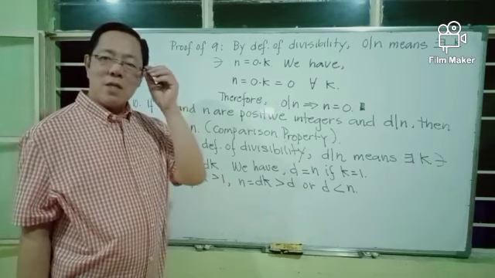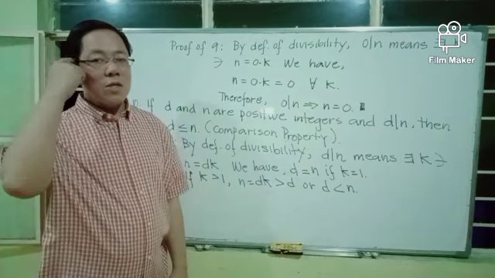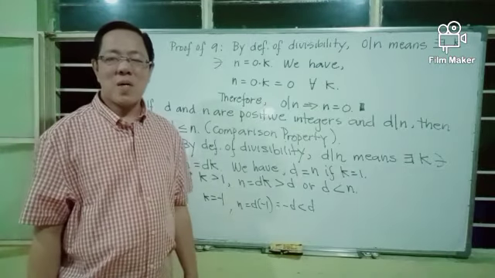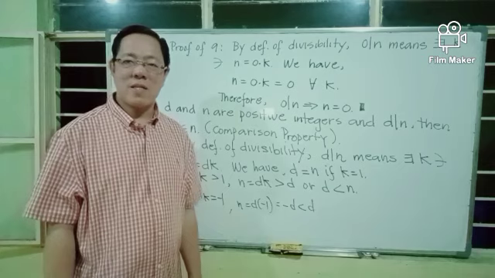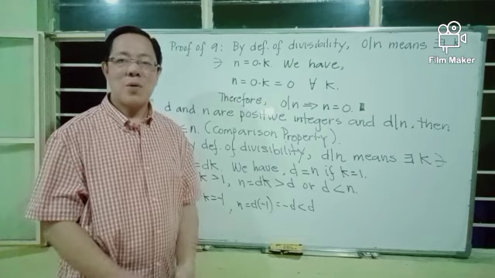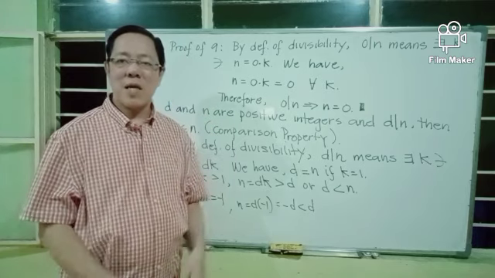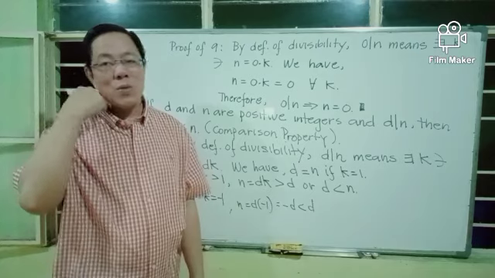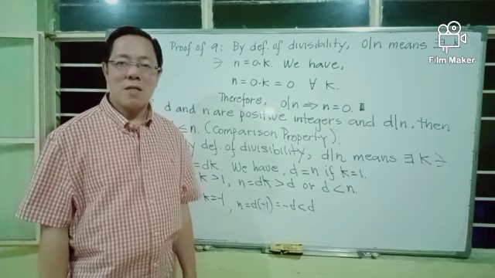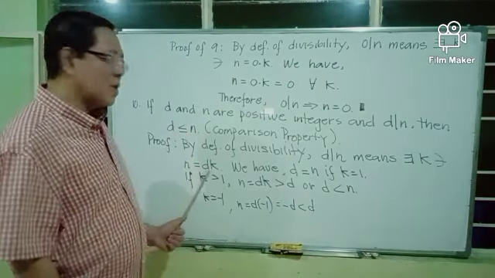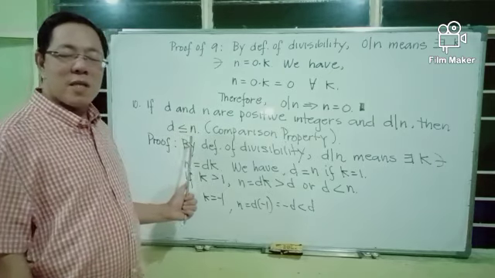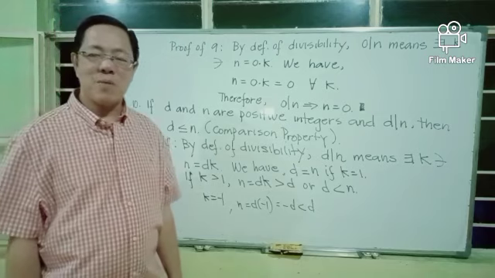Now we consider integer k that is less than 1. Suppose we assign values of k that are less than positive 1. We check if it is possible to have values of k that are negative. We just want to make sure that there exists an integer k such that n equals dk, and that we conclude d is less than or equal to n if d and n are positive integers.